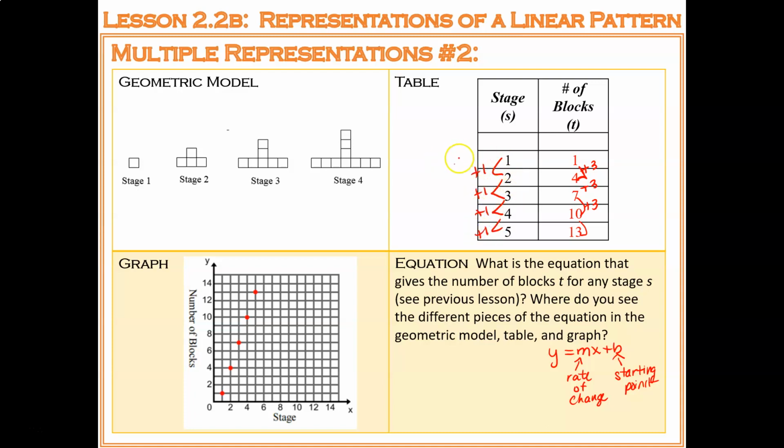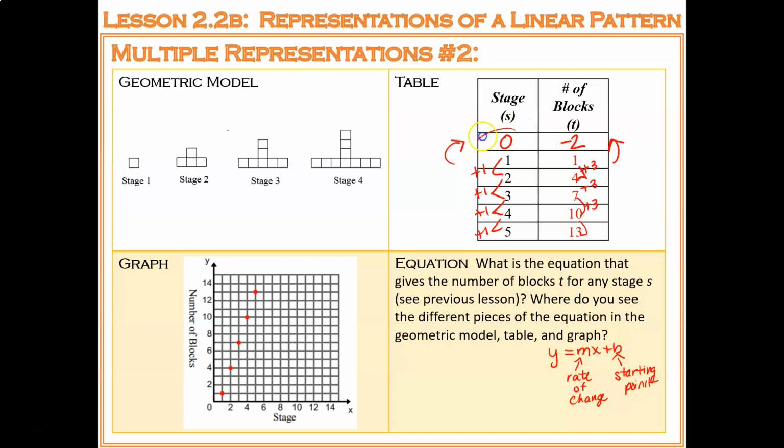So what happens if you're going this way? If you go down and you add 1, you go up, you're subtracting 1. So we want to see where at 0, our starting point, how many blocks are there? So we're going to take 1, and instead of adding 3, we're going to subtract 3, which brings us to -2.